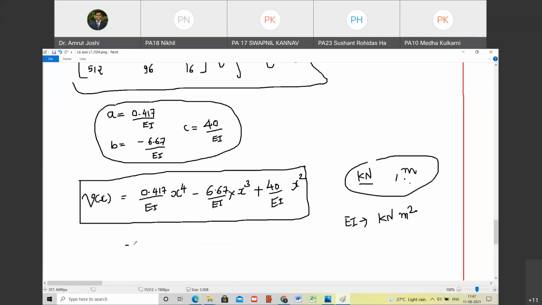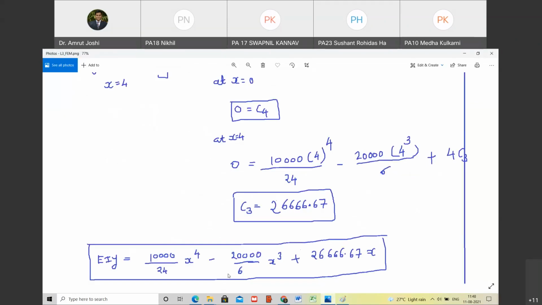Every term involves 1 over EI, so I can take it common and write it as 1 over EI into bracket 0.417 x raised to 4 minus 6.67 x cube plus 40x square. Do you agree with me?